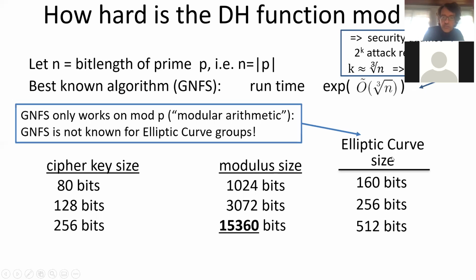And for elliptic curve groups, there are no known corresponding number field algorithms. So at least for now, elliptic curves are more resistant. And the size of elliptic curve groups is just twice the security parameter.